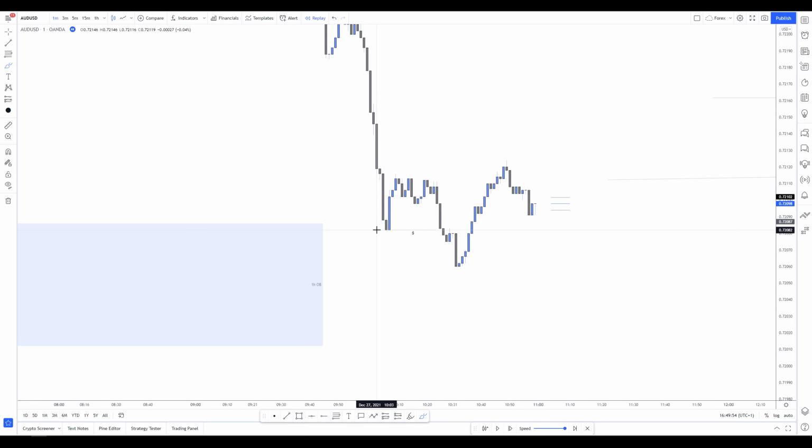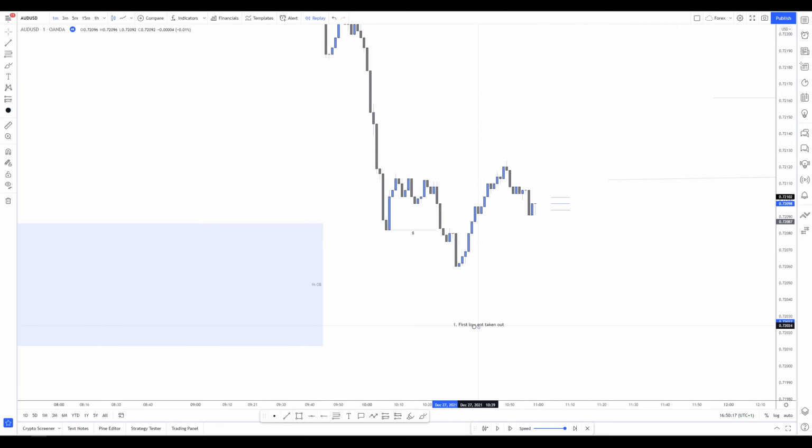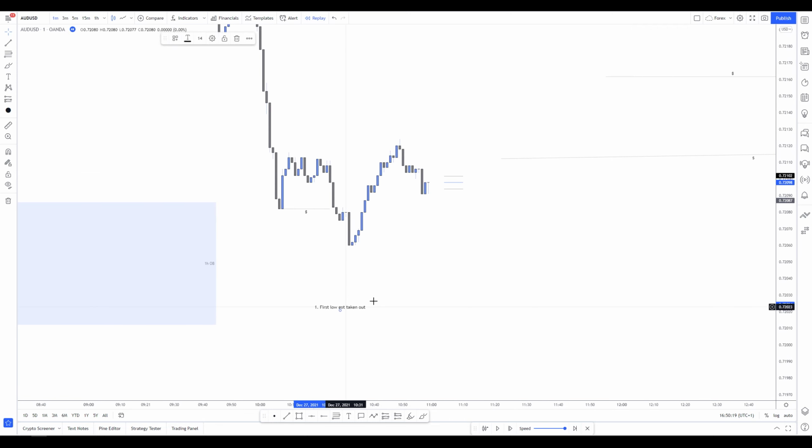Then the first high or first low usually gets taken out. What you can see here, the first low gets taken out. That's a confirmation for me. First confirmation, the first low got taken out. Let's leave this there right now and move on.